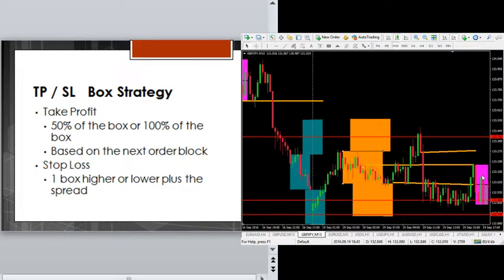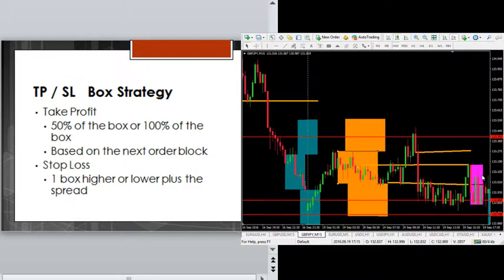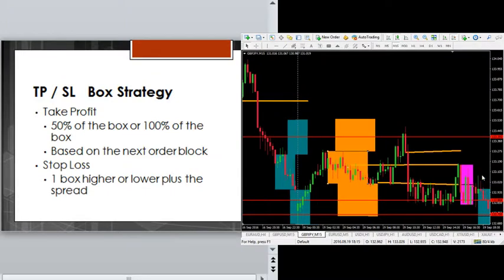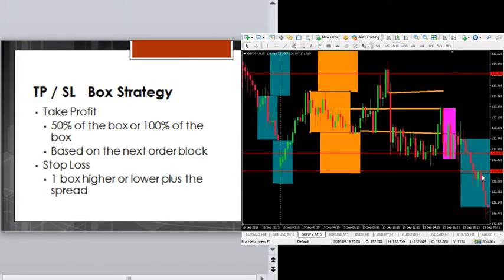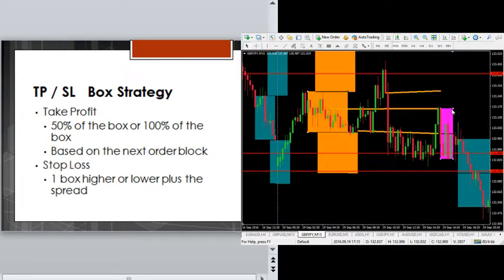Now it has entered the New York box, and then we will be using the New York box for our breakout trading analysis. So this time, I'm going to drag the box down.